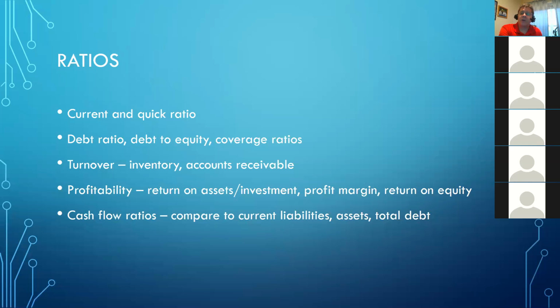If your inventory turnover is too high, that means your inventory could be too low, and you're actually having to say to customers, I don't have that. And that can result in a long-term problem with your customers. So both of those can be too high as well. It's not just unlimited, be as high as you want, and higher is always better. To a point higher is better, but they can be too high.